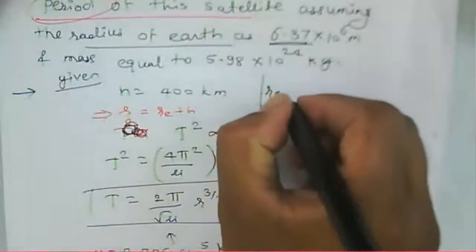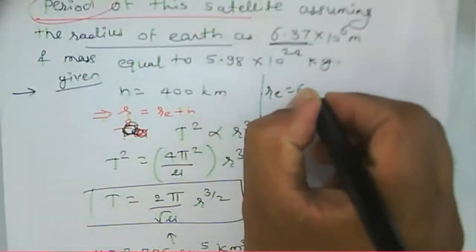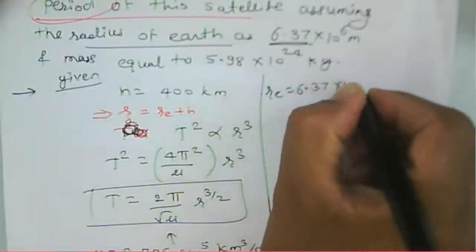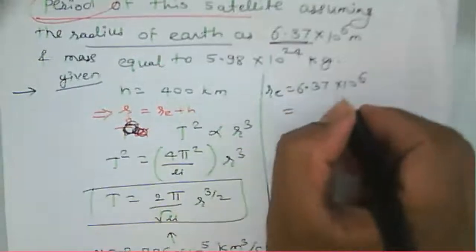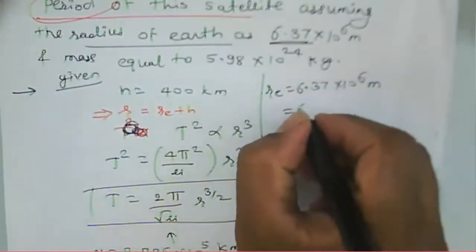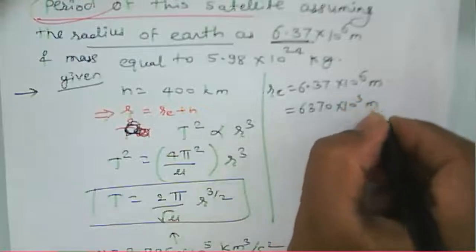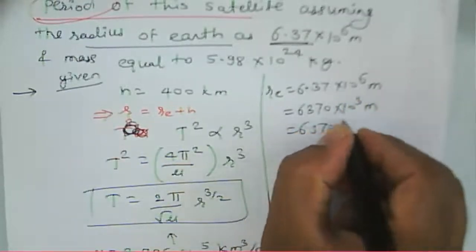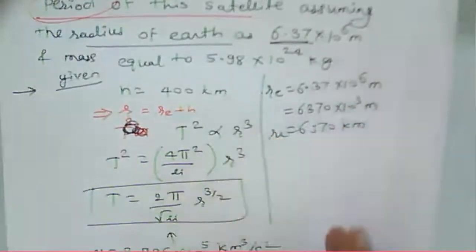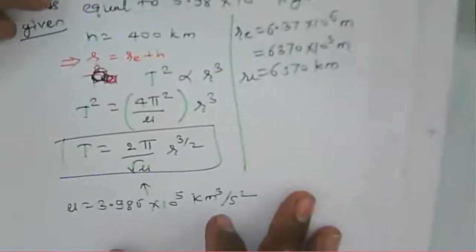That earth radius, we have written there 6.37 into 10 to the power 6. Here it is in meter. So here we can write 6370 into 10 to the power 3 meter or 6370 kilometer. That is about the radius of the earth.